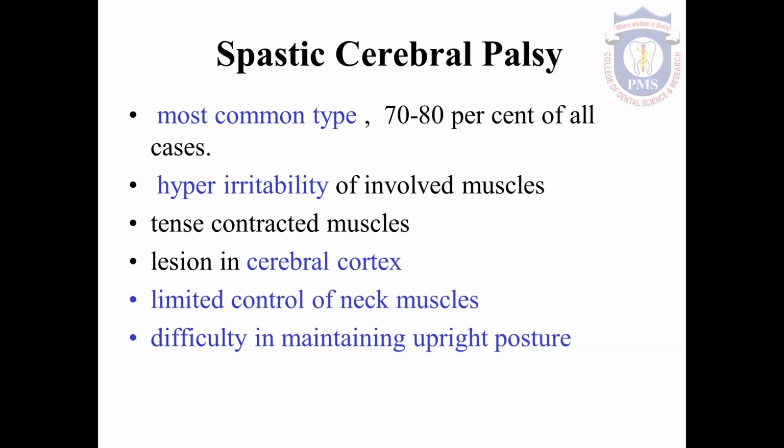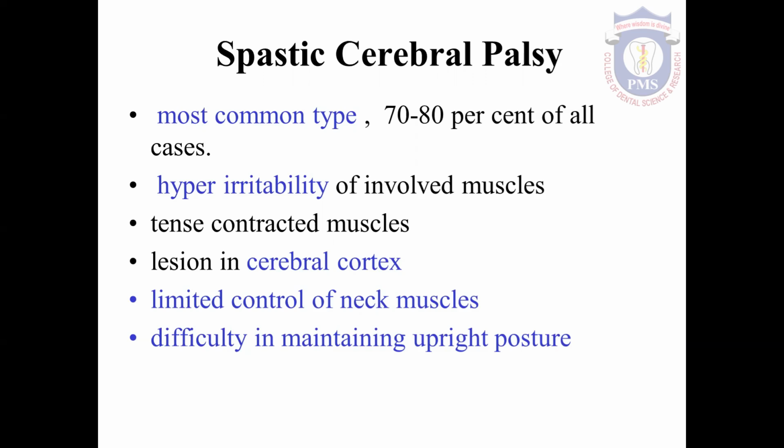Later the muscles will become completely tense and contracted, finally rigid, and the child cannot move that particular part. This is seen in those areas where the cerebral cortex is involved.